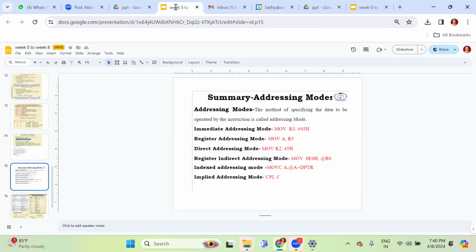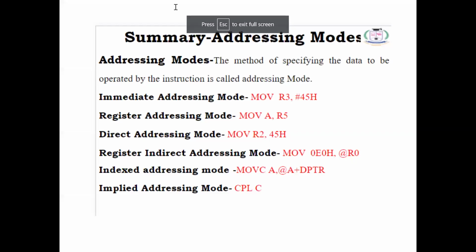Addressing modes, you see here. Immediate addressing mode: remember, the hash symbol will come. Register indirect addressing mode: the at symbol alone will come. Indexed addressing mode: the at plus symbol will come. Implied addressing mode: no operand will be there; the instruction itself specifies what to do.